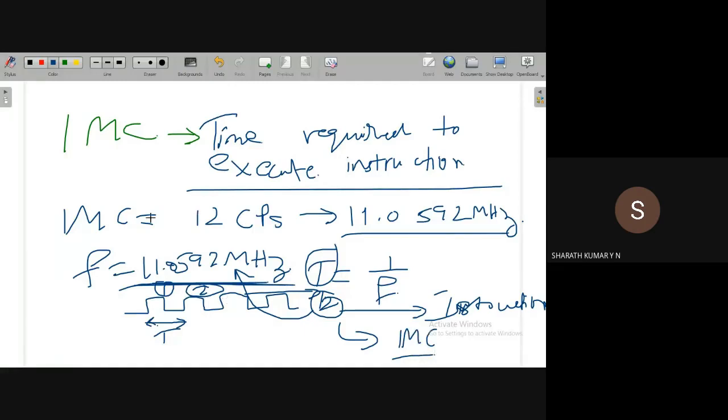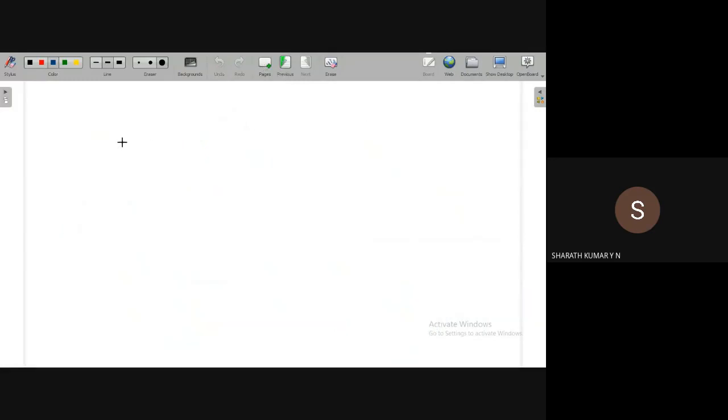Based on the types of instruction, each instruction takes a different number of cycles. For example, the move instruction takes one machine cycle. The division instruction takes, I think, 4 machine cycles.